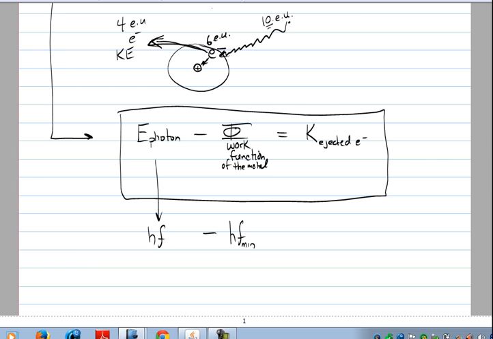So that's going to equal the work function, and that's going to equal the kinetic energy of the ejected electron, which will be the mass of an electron times the speed of the electron squared divided by 2. So that's another more detailed formula. Okay, so we'll do more specific problems involving these variables later.